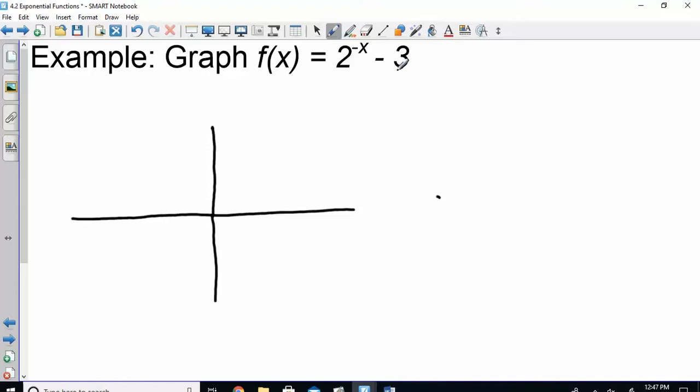My parent function is just my 2 to the x again. So if we plug in -1, 2 to the -1 is 1/2. I put in a 0, 2 to the 0 is 1. Put in a 1, 2 to the first is 2.